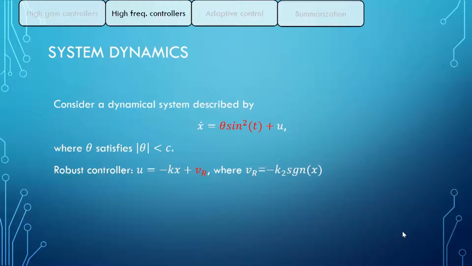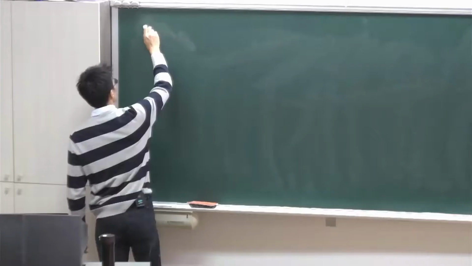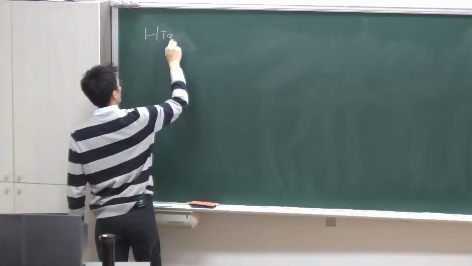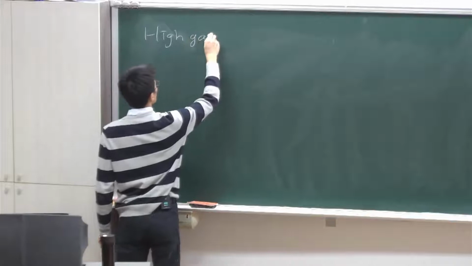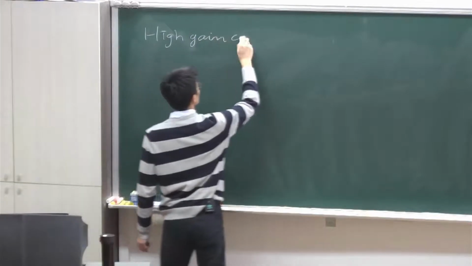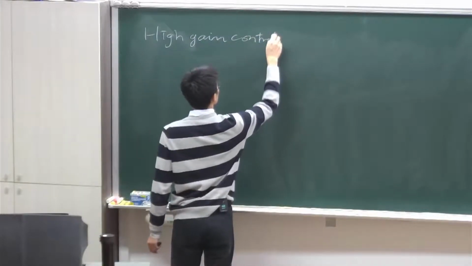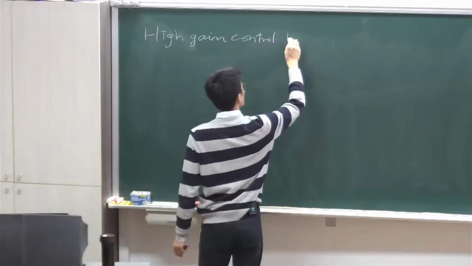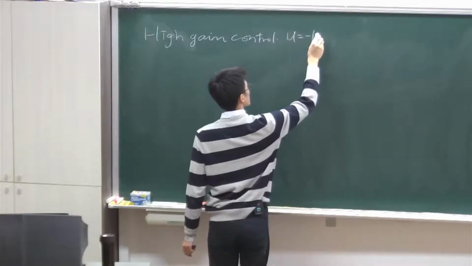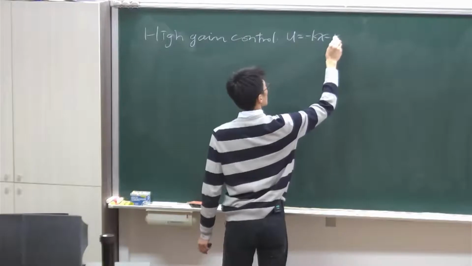Let me summarize as a side note here. We have mentioned high gain control, which is U designed as minus kx minus k2x.